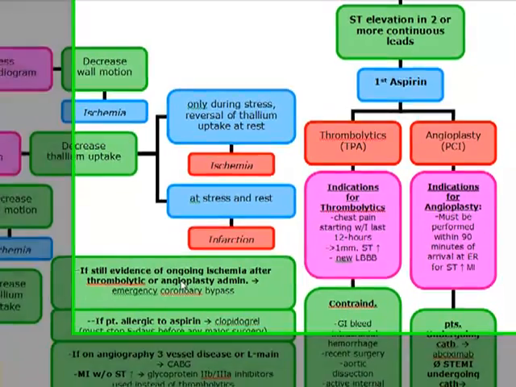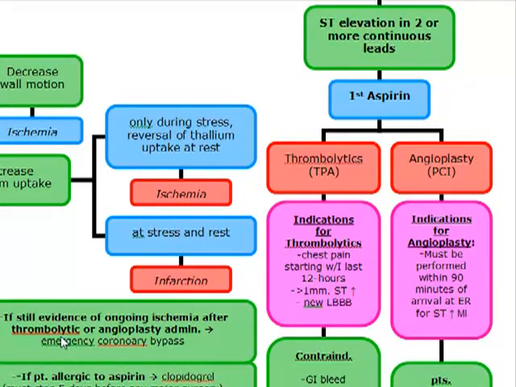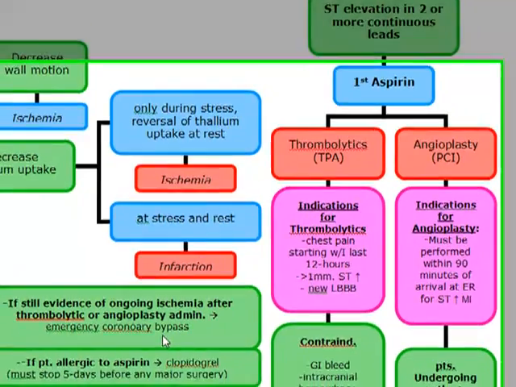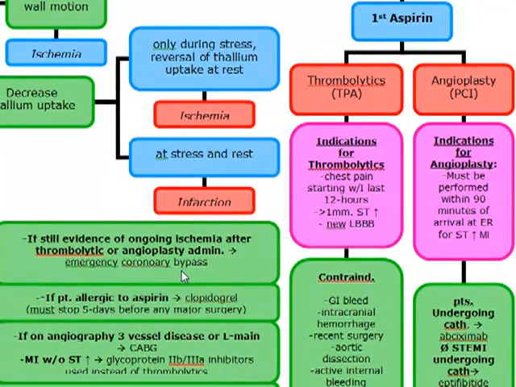Now, if there's still evidence of ongoing ischemia after the thrombolytic or angioplasty, you're going to do an emergency coronary bypass. Remember, if a patient is allergic to aspirin, you're going to give them clopidogrel, but you have to stop it 5 days before any major surgery. And we talked about if on angiography there's 3-vessel disease or left main, you're going to do CABG.